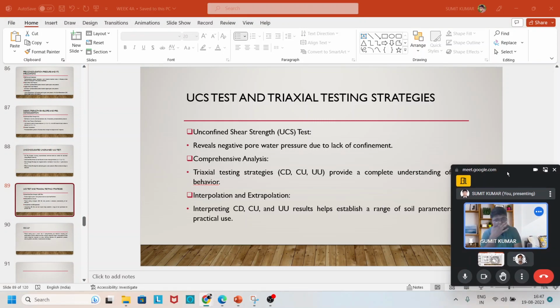For a comprehensive analysis, the triaxial test strategy, CU, provides a complete understanding of the soil behavior, and exploring the CD, CU and UU results helps in establishing the range of soil parameters for practical usage.